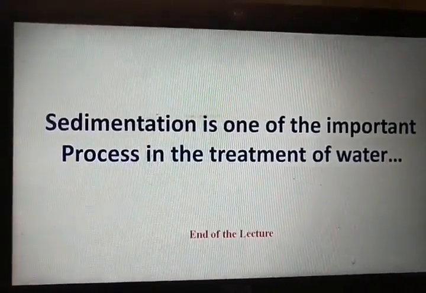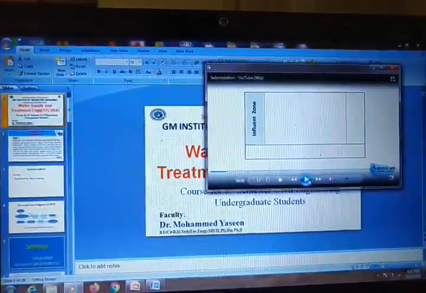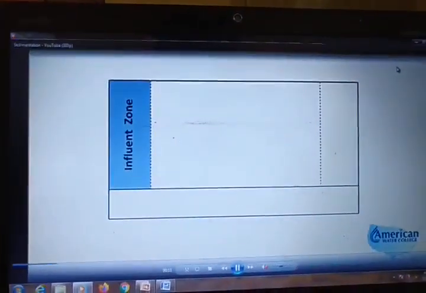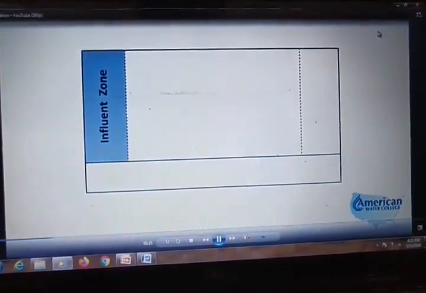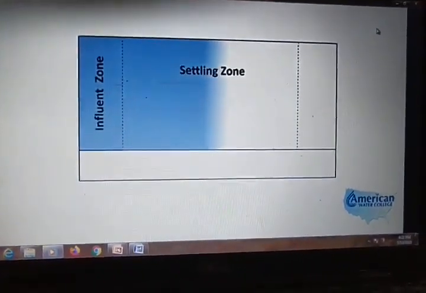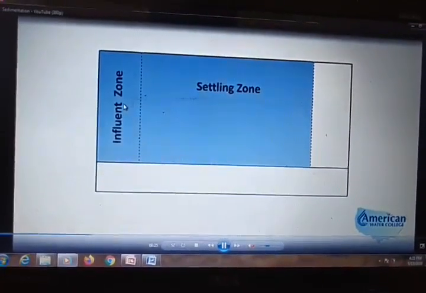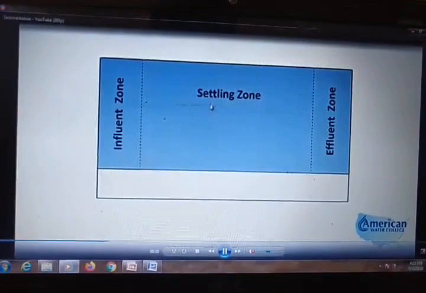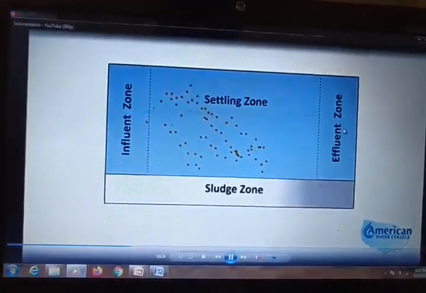Related to the different zones of a sedimentation tank, as you can see, this is the inlet zone, where water will enter with a low velocity. And this is the settling zone, like I told you, and ultimately this is the effluent zone.